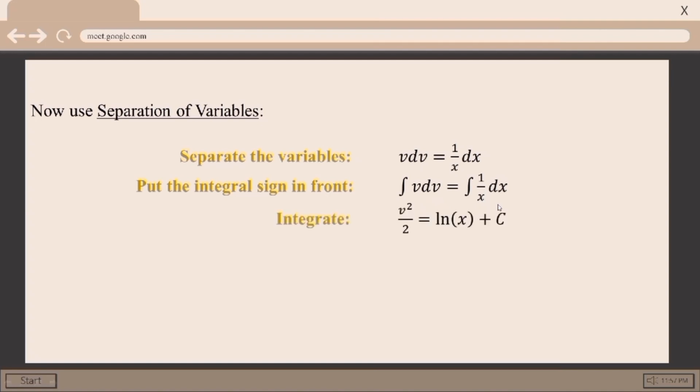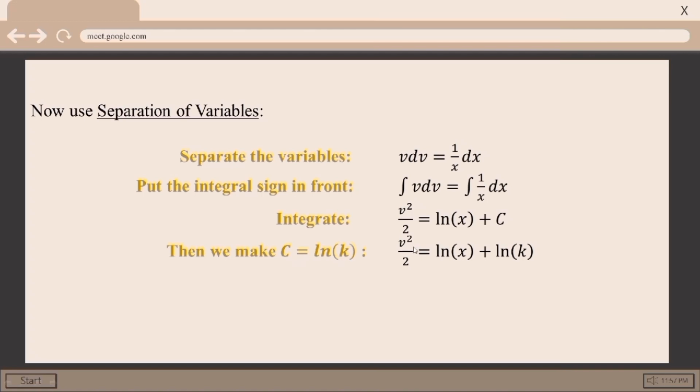Integrating this, we will get v squared over 2 equals ln x plus c. Then we make c equals ln k.